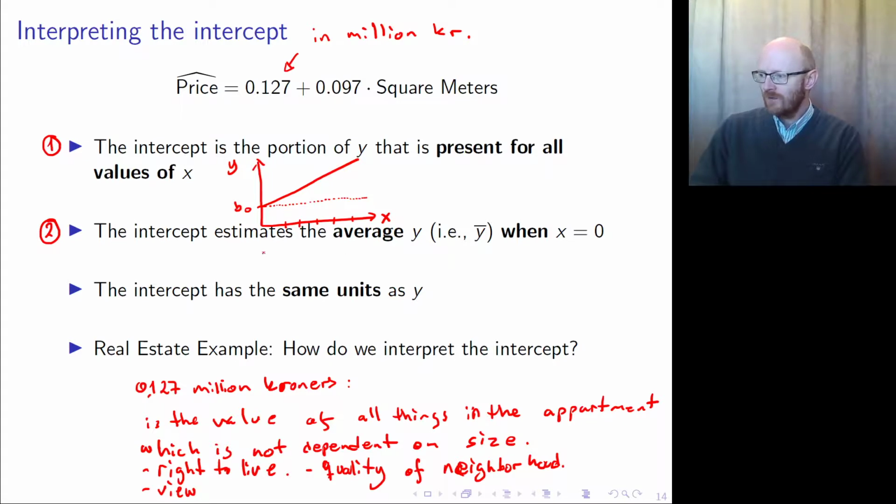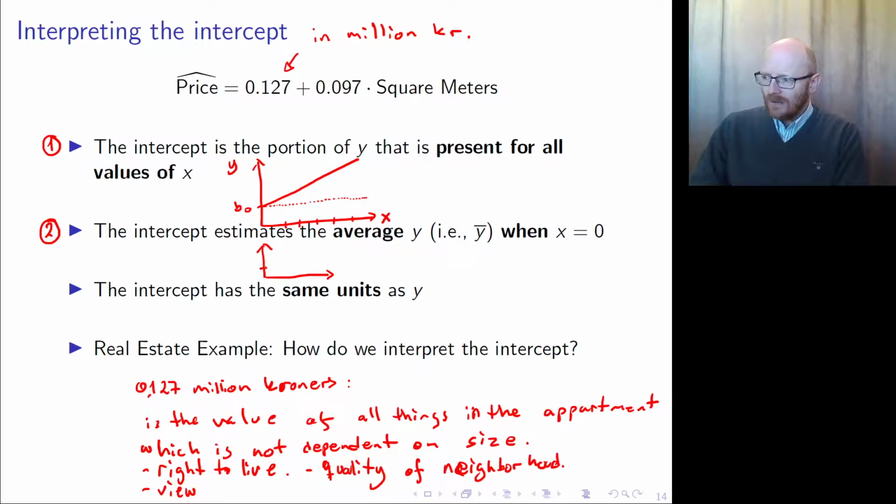So for example, if x can be 0, then in a logical sense the intercept would be the price or the value of y given x equals 0.